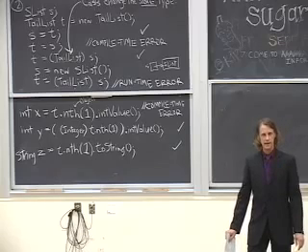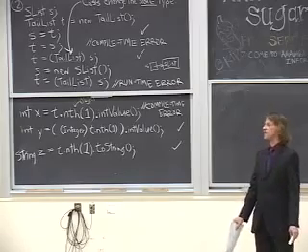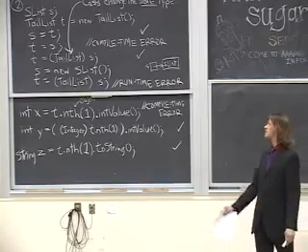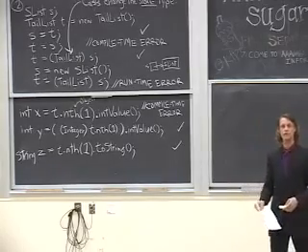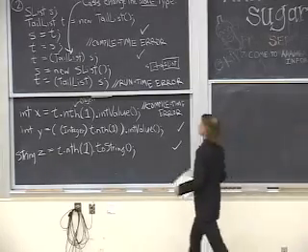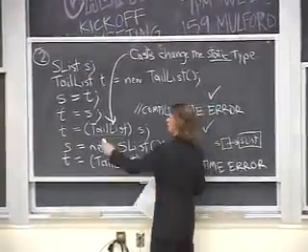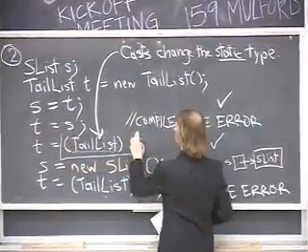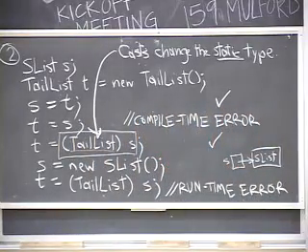Is there a permanent change to the static type? No. S still has the static type slist, and it will have the static type slist forever. What has a static type of tail list is the expression. So this expression here, as a compound object that Java computes, is an expression with static type tail list.